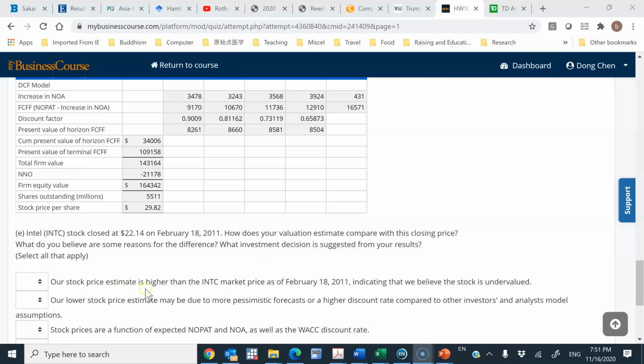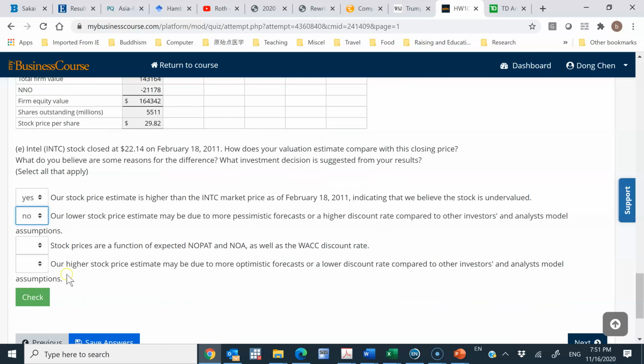Our stock price estimate is higher than the INTC market price, indicating that we believe the stock is undervalued. Stock prices are a function of expected NOPAT and NOA, as well as the WACC discount rate.